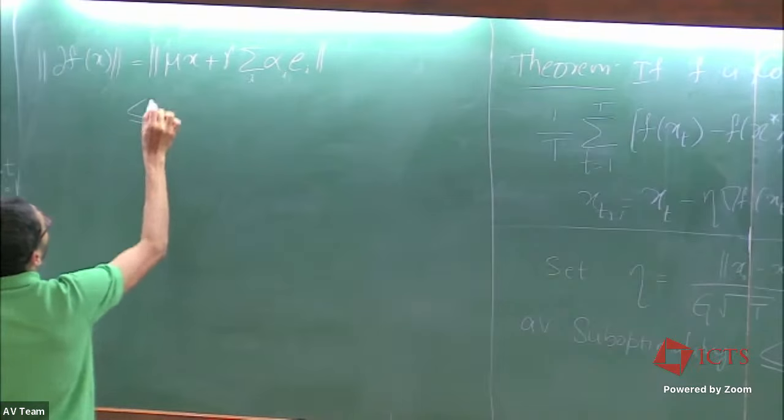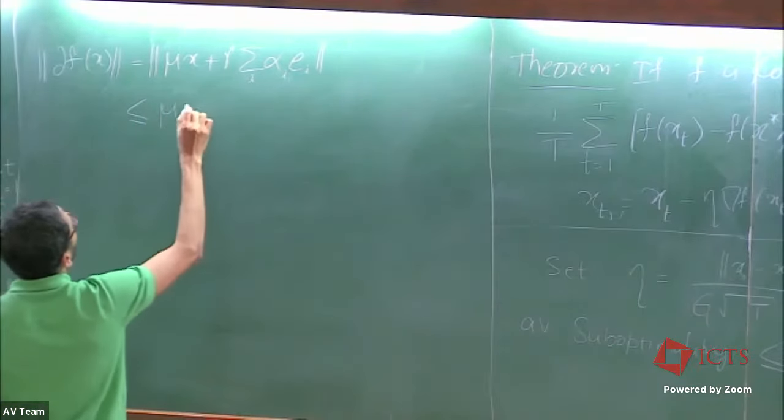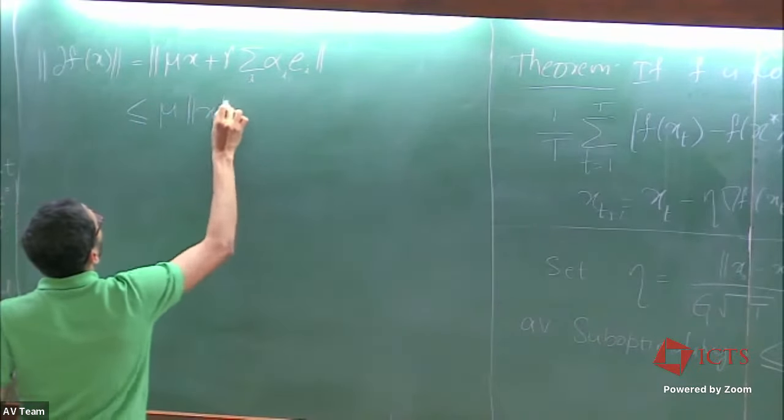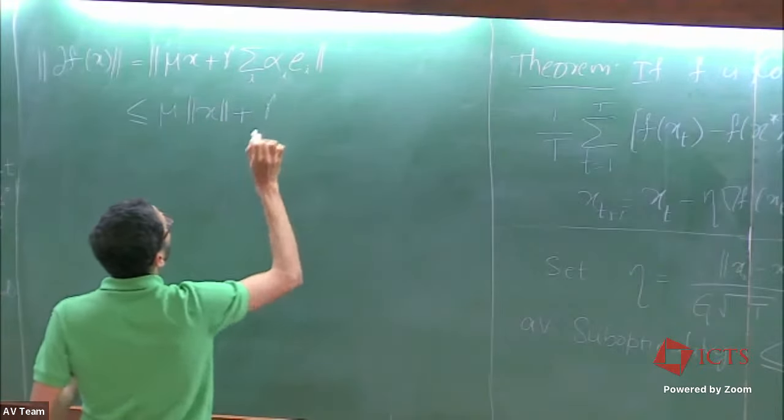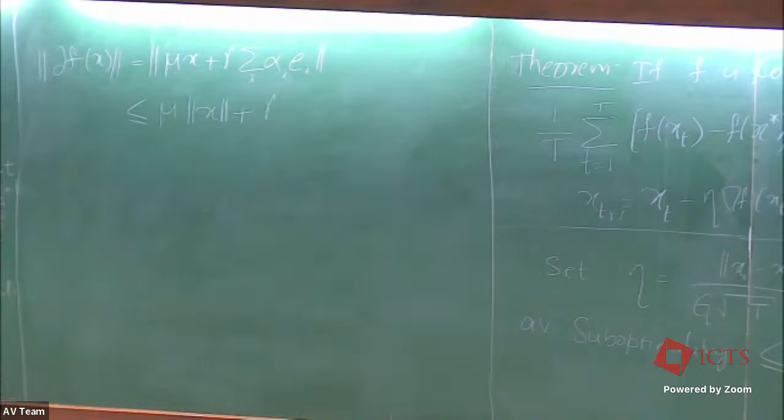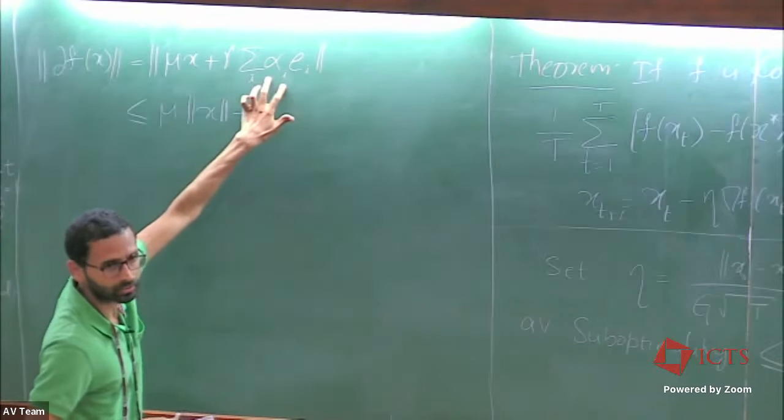And this is less than or equal to mu times norm of x plus gamma, because the ei are unit norm and the alphas sum to 1.